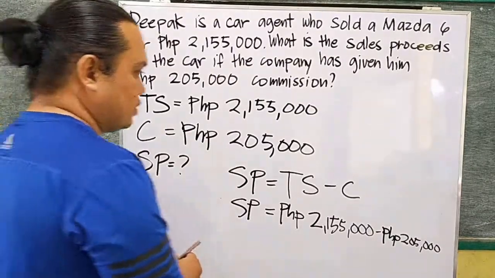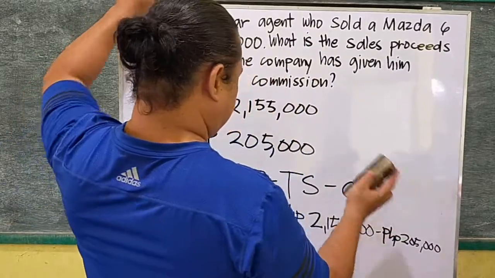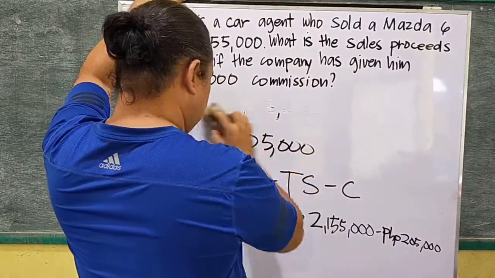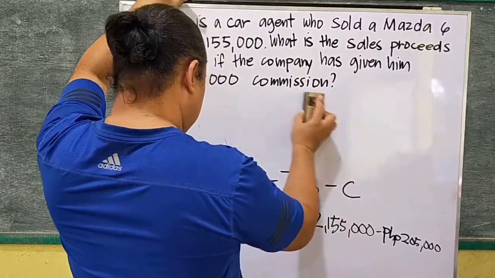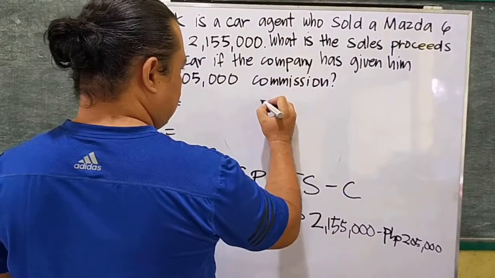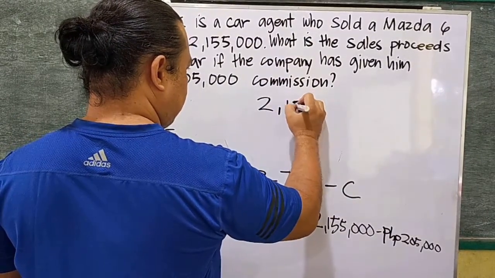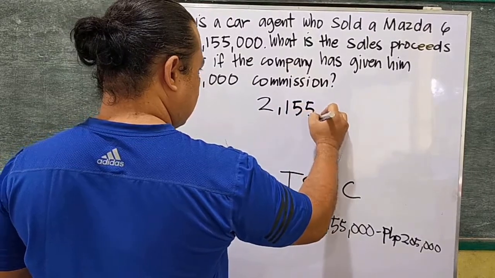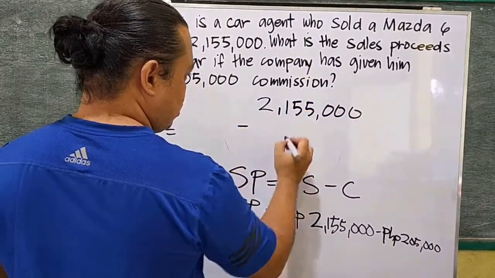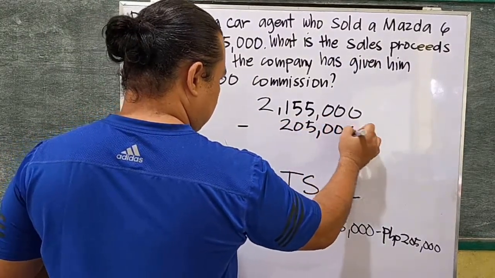So let's do it this way. Let's write 2,155,000 minus 205,000.